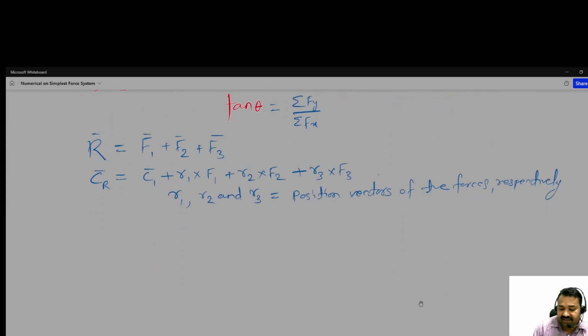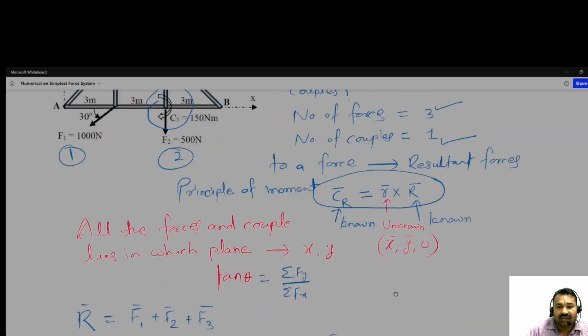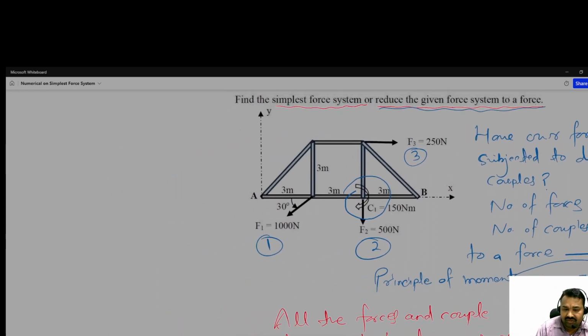So firstly, get F1. How to get F1? It is given. From this we can write F1 here. You can see F1, but it is inclined, inclined by 30 degrees from the x-axis.